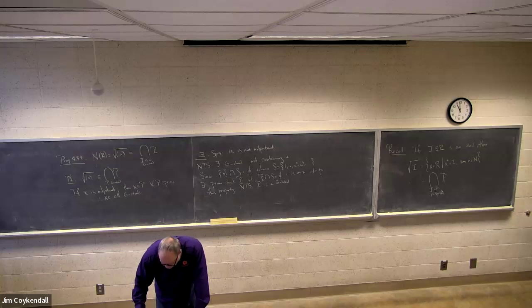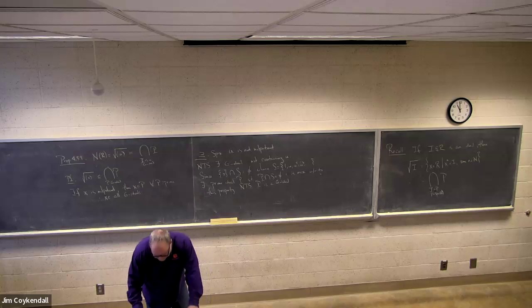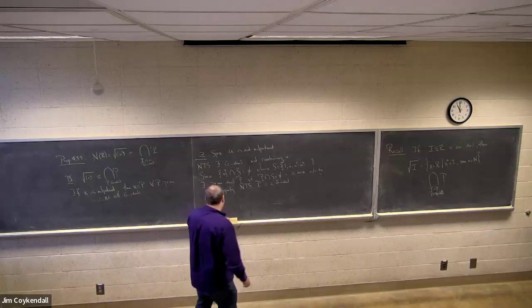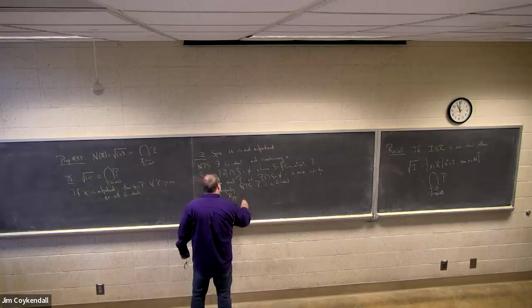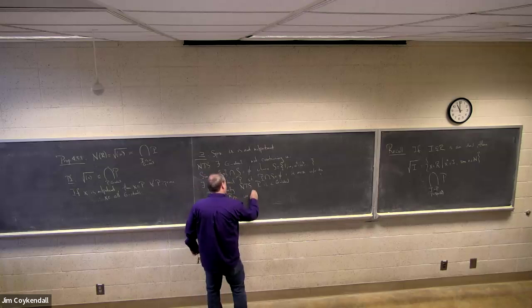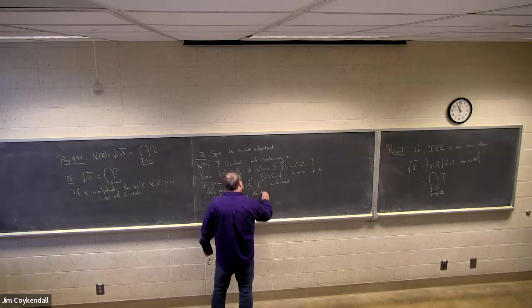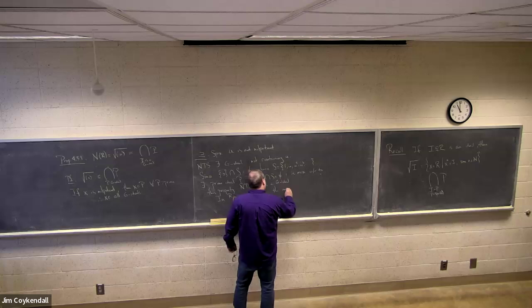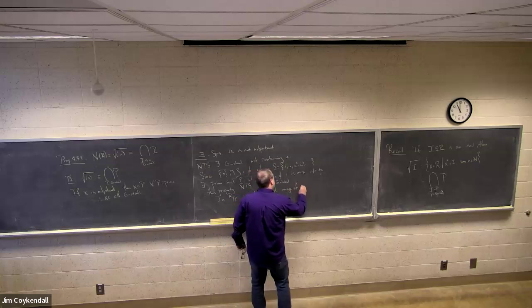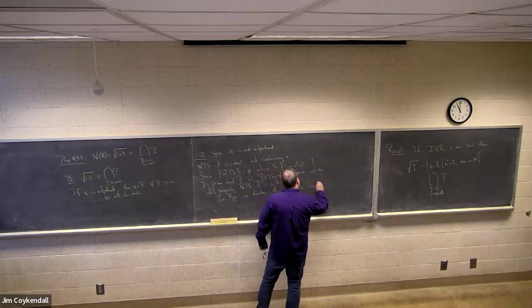Well, note that in R mod P, we denote the image of u by u bar.